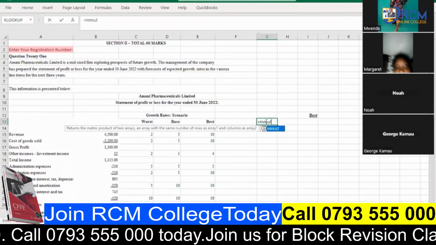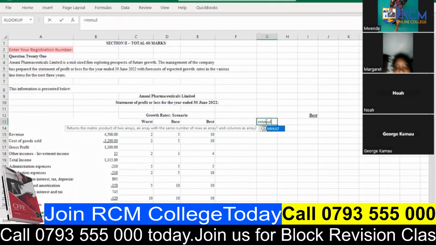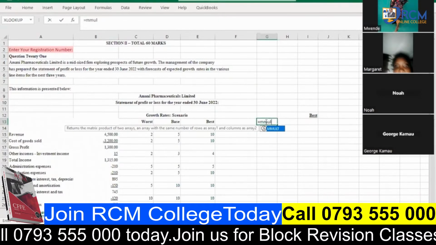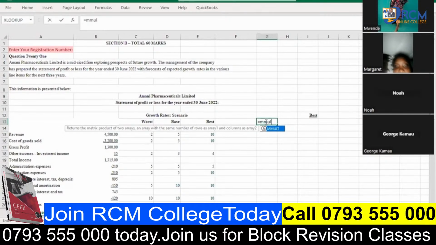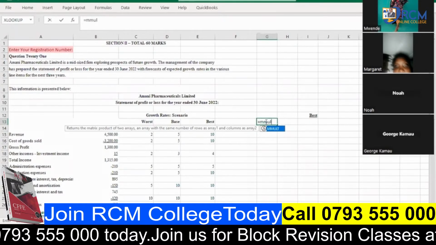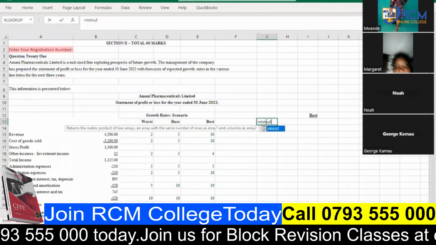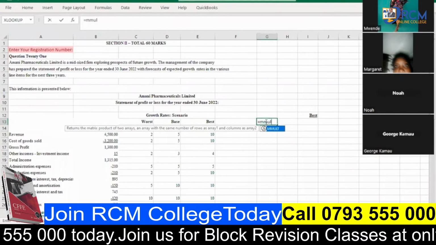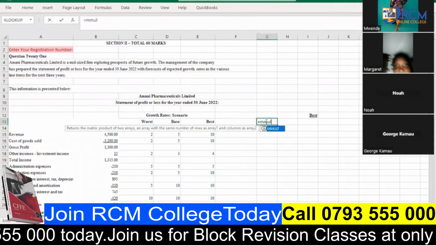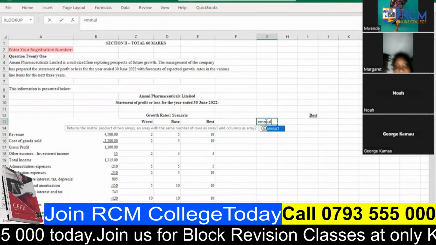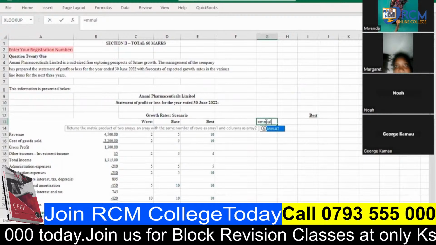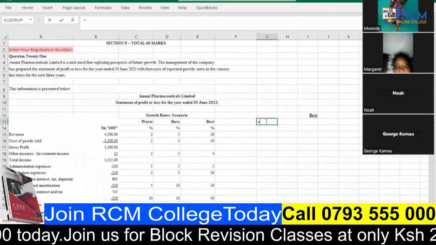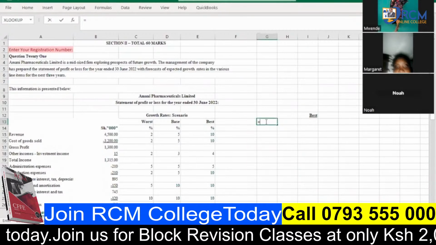So matrix multiply is an array function, and that one automatically qualifies to be an array function.